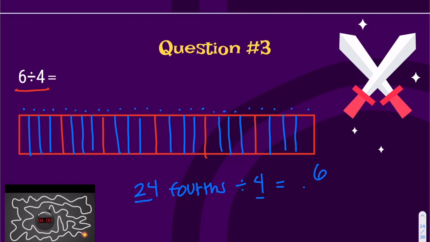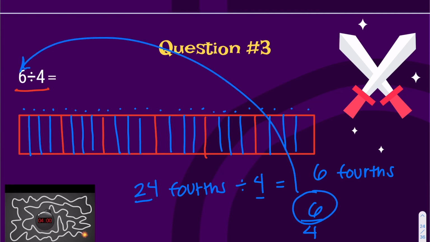That is 6. And it's 6 fourths. In other words, 6 over 4. And again, recognize that our numerator is the first number in that division sentence. Our denominator is that second number.